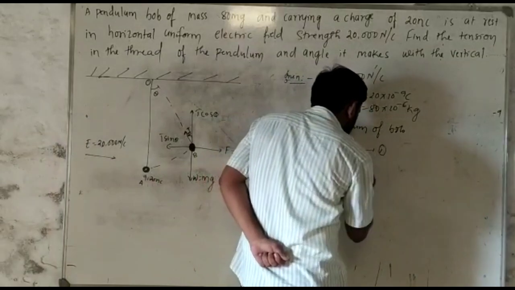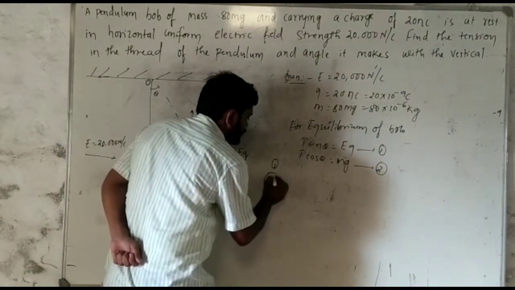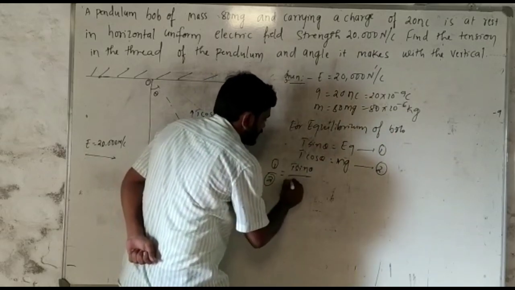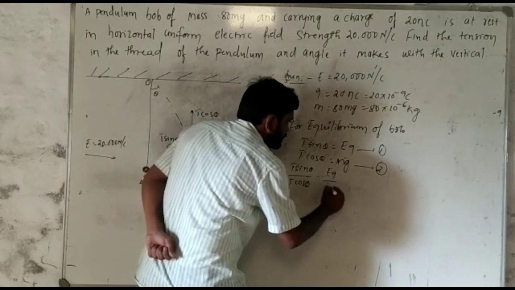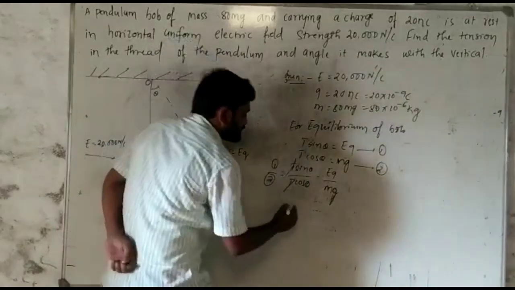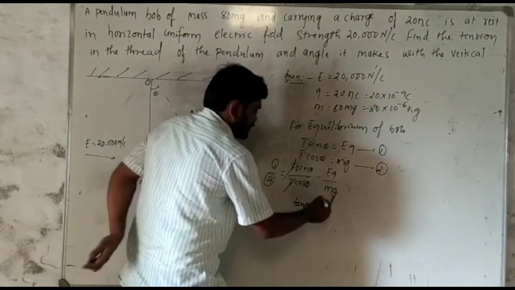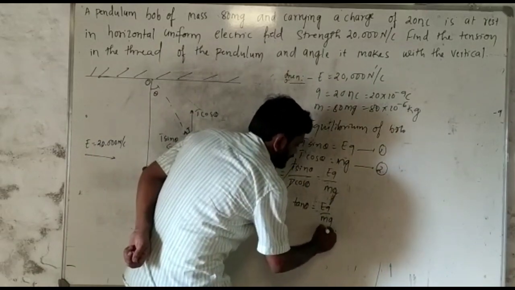We can take this as equation number 1 and this as equation number 2. Equation 1 divided by 2: T sin theta divided by T cos theta is equal to EQ divided by mg. Here T and T get cancelled. Sin theta by cos theta gives tan theta is equal to EQ divided by mg.